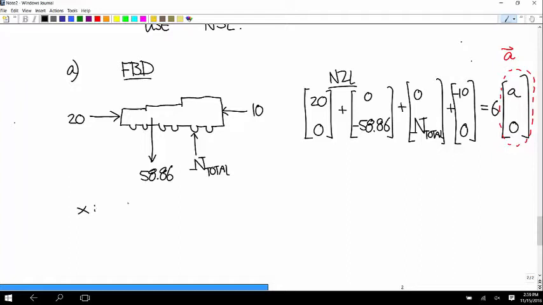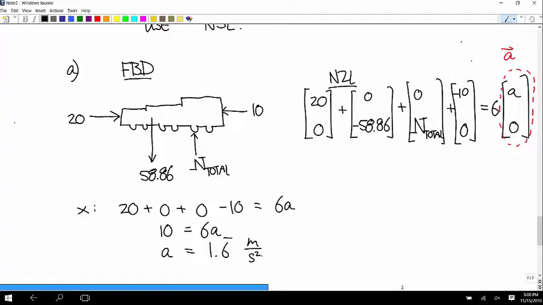So the x equation from Newton's second law says 20 plus 0 plus 0 minus 10 is equal to 6a. And so you get 10 is equal to 6a, or a is equal to 1.6 repeating meters per second squared.